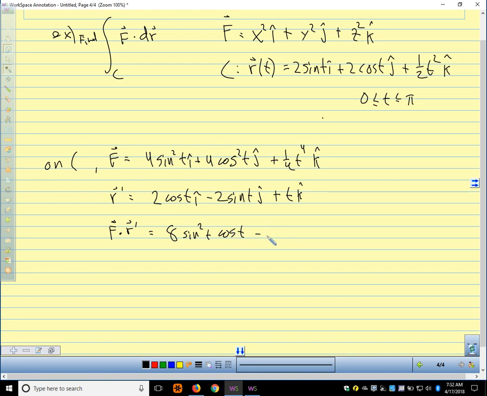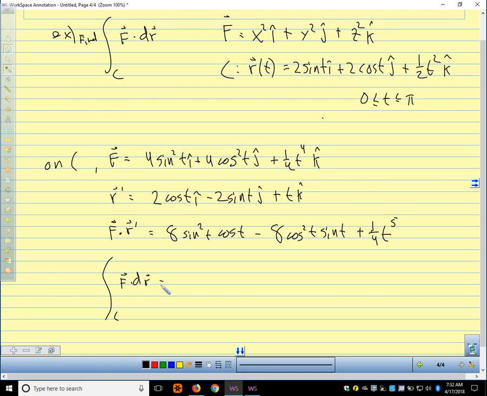And remember when we actually do these integrals, we get scalar quantities. Minus 8 cosine squared t sine t plus 1/4 t to the 5th. So the integral of F dot dr.